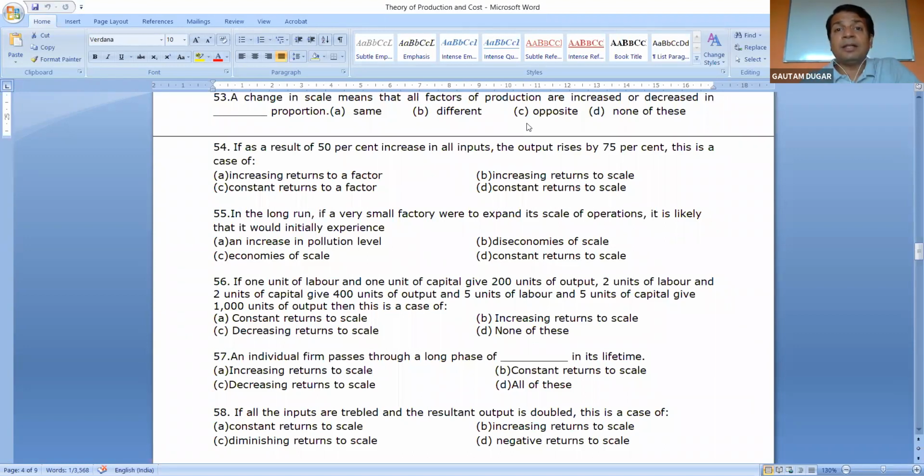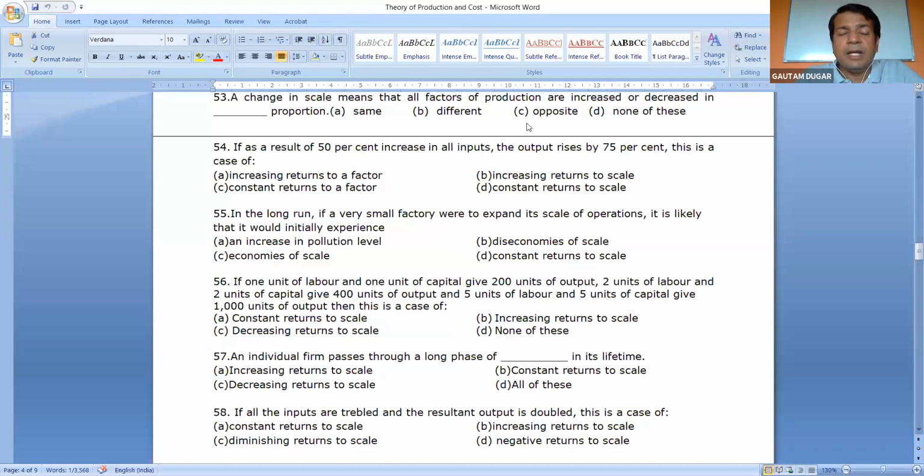Return to a factor is short run. The return to a factor is the law of variable proportion. And returns to scale is applicable in the long run. So if you have a 50% increase in all inputs, when we are saying all inputs, that definitely means you're talking of the long run. That definitely means you're talking of returns to scale. So the answer to 54 was B, increasing returns to scale.